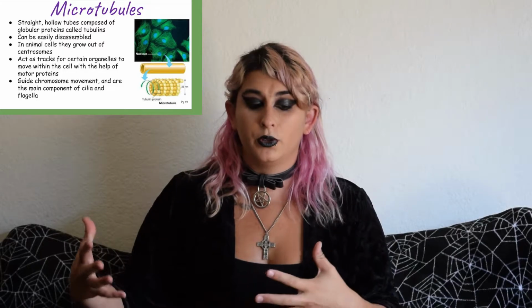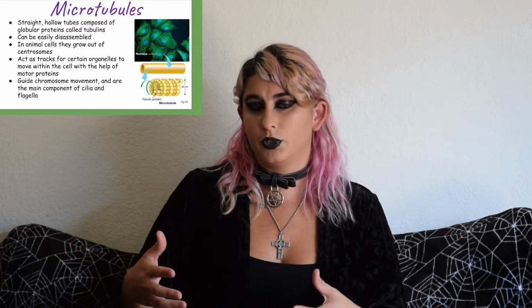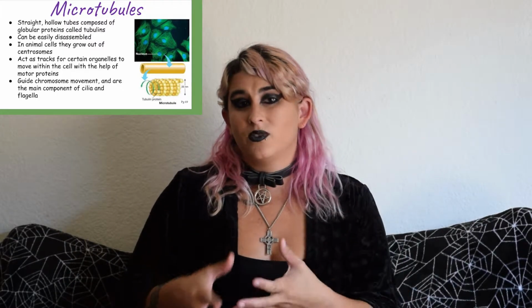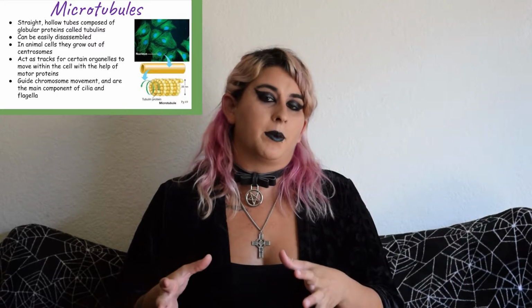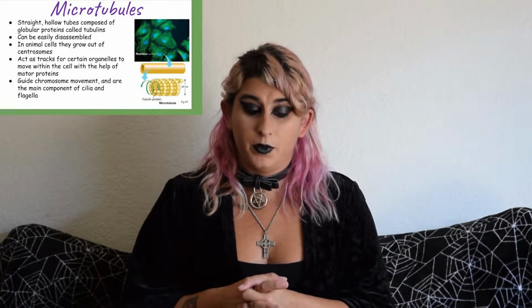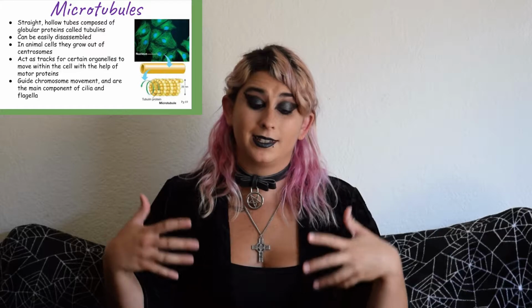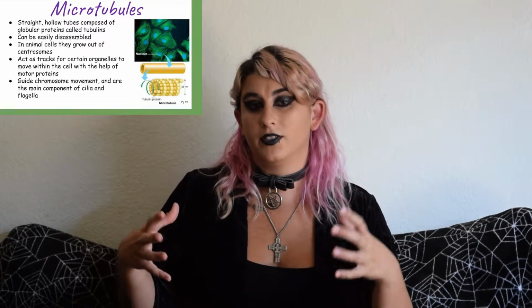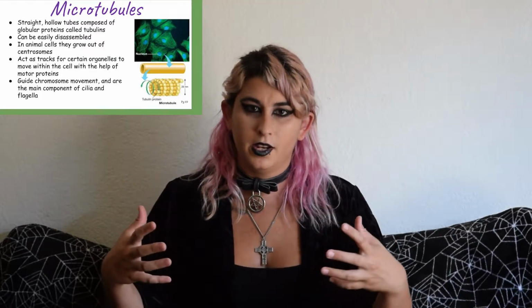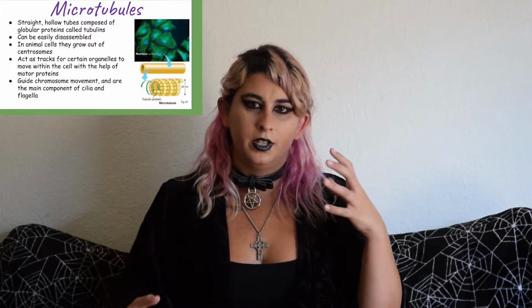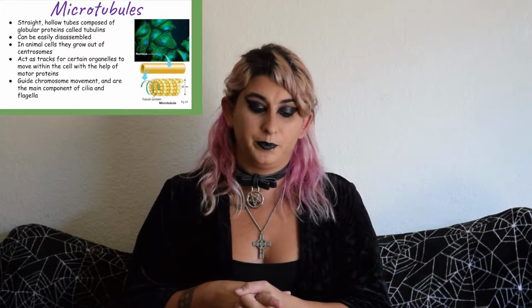So microtubules can be easily disassembled, which is what makes them different to the other fibers that we'll talk about in this video. Now, in animal cells specifically, they grow out of something called centrosomes, which holds them together in the middle there.